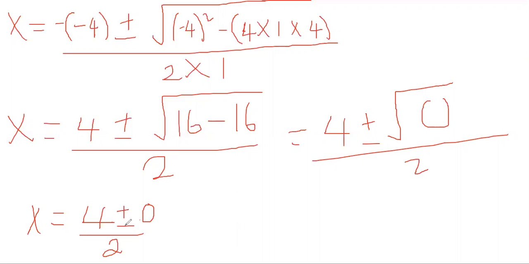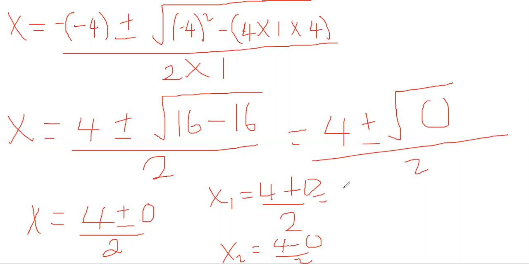So here, this plus and minus is where you will break it out. You will introduce a variable called x1, which will take the positive side, 4 plus 0 over 2. Or you can introduce another one, x2, that will take the minus, 4 minus 0 over 2.